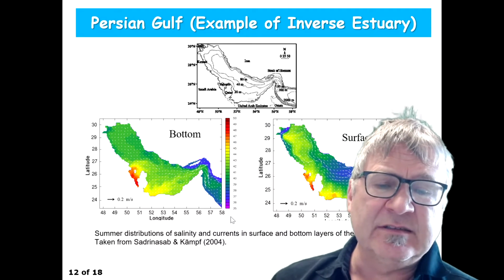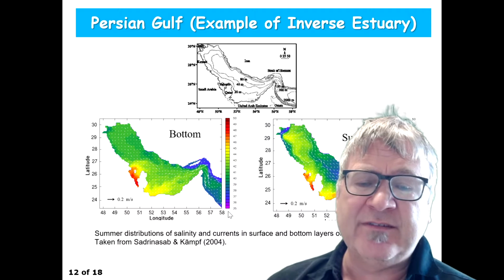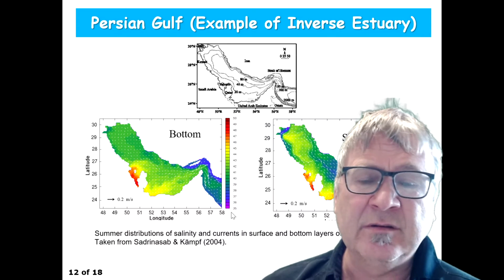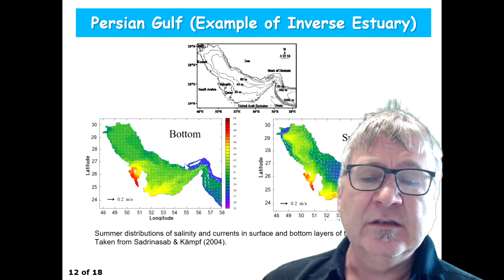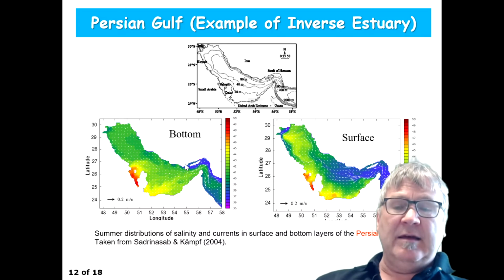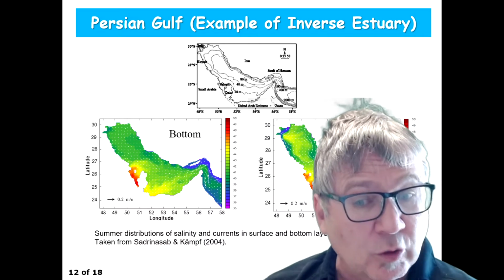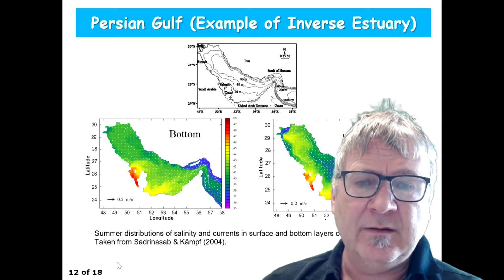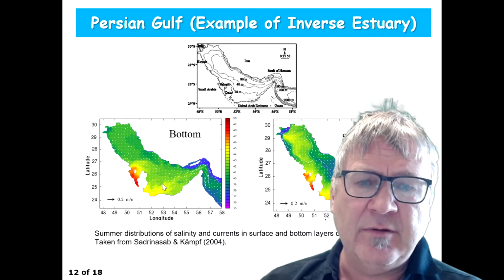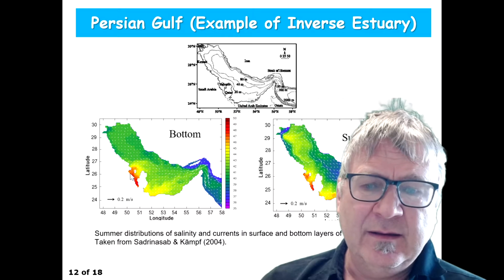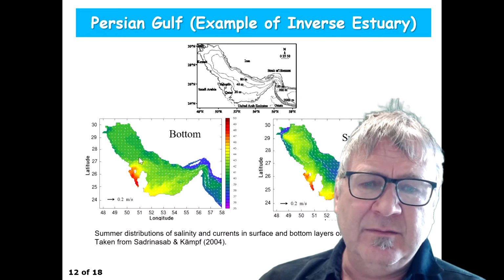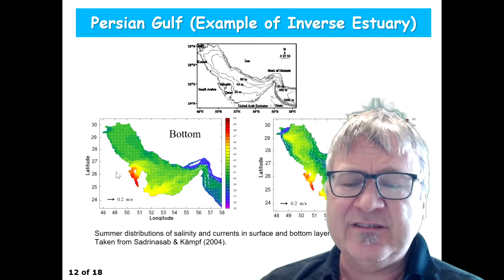Ambient ocean salinities are 35, 36. So the entire region is hypersaline, but you can see certain regions which stand out, which contain the saltiest water, which is here near Saudi Arabia. And you have very saline water here.